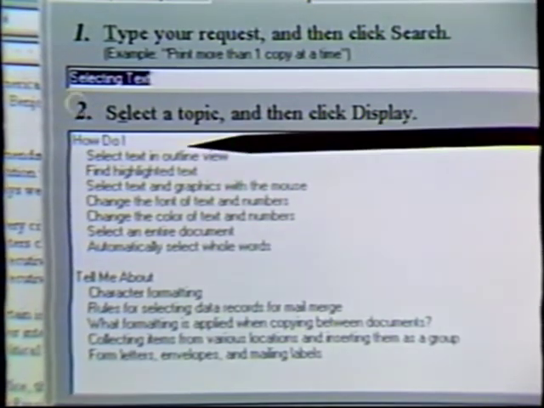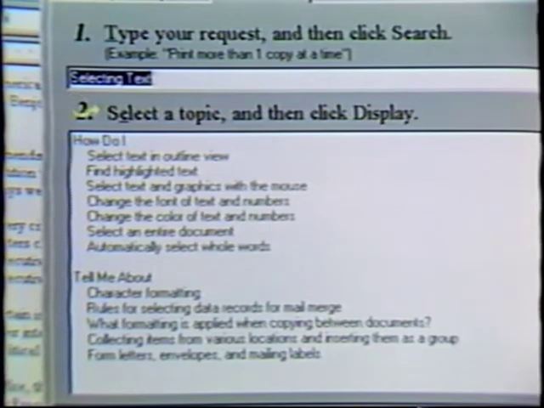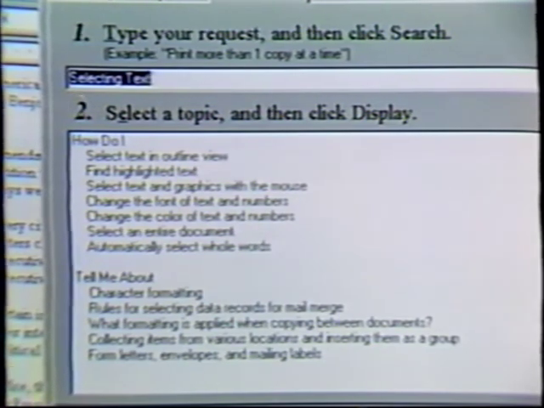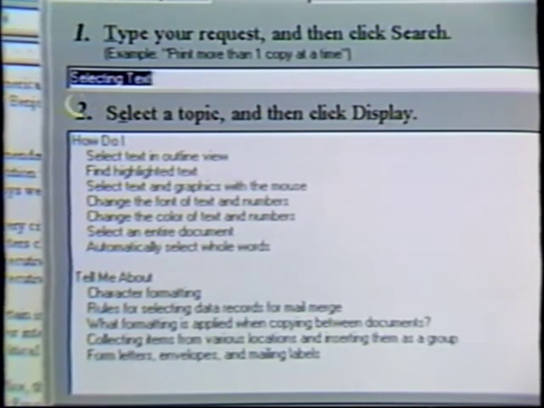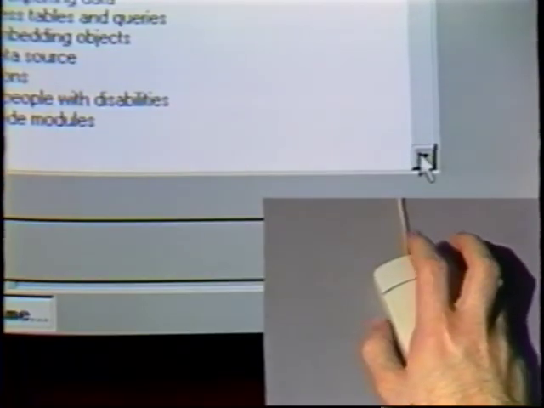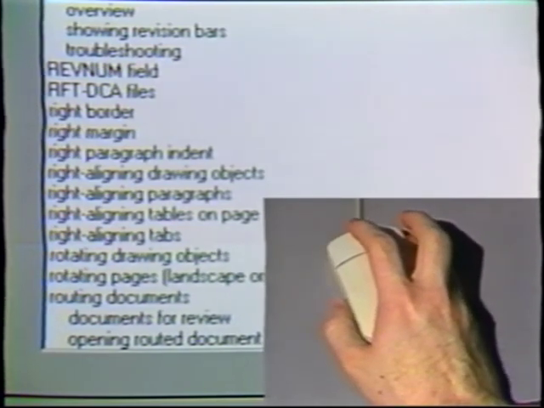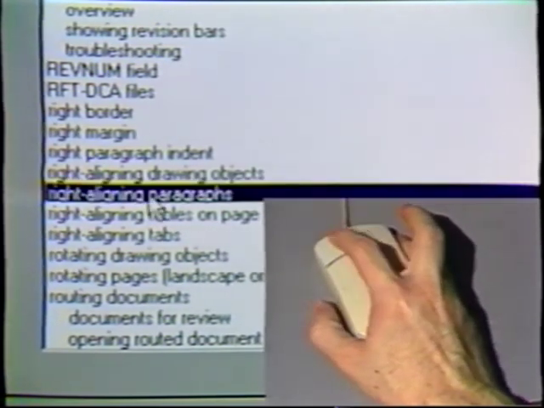Anytime you see a screen like this, you can just click on the topic you need, and it will guide you. Or, if you need to see a complete list of what's available in the Help menu, click on the Index tab and scroll through the list. When you find the topic you want, double-click on it.